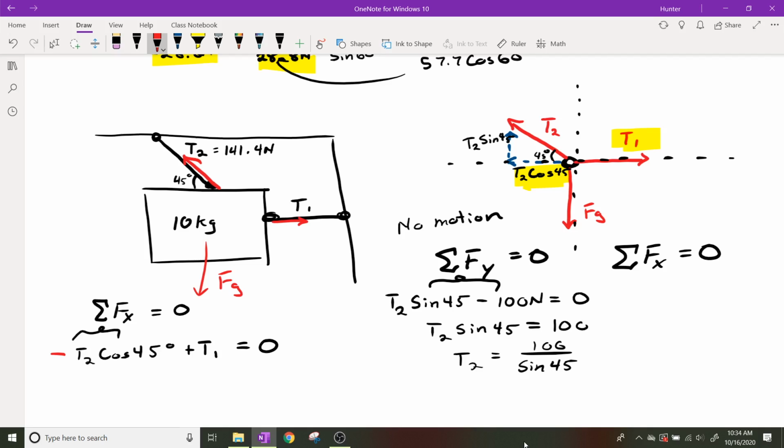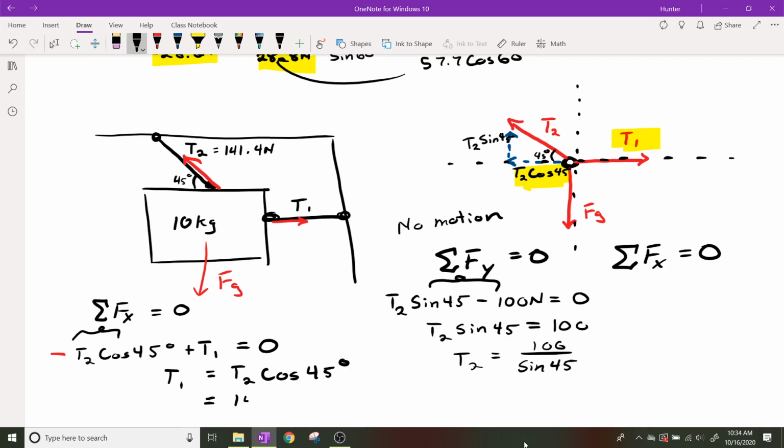Fortunately, we know what T2 is now, so we can actually plug in that number. So I'm going to say that T1 is equal to, so we're going to add both sides, T1 is equal to T2 cosine 45, and that's a number.